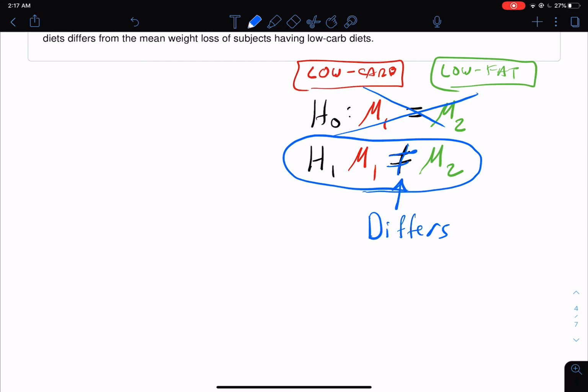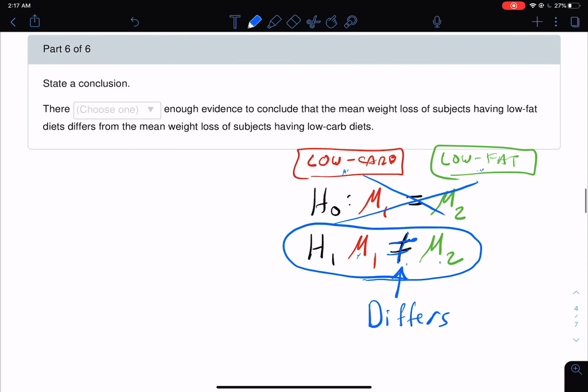So instead of saying that the population mean of the low carb diet is equal to the population mean of the low fat diet, and this mean is how much the weight loss, we are now allowed to say that the mean weight loss of the low carb diet differs from the mean weight loss of the low fat diet. And you can see that right here.